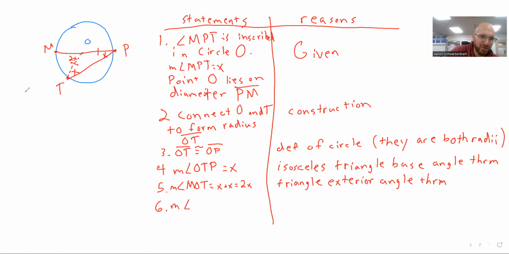Oops. Now I also know that that arc, I wasn't supposed to erase that much. It always erases too much. So the arc MT is equal to the central angle as well. I'm going to call that the central angle theorem. Might just be the definition of an arc.